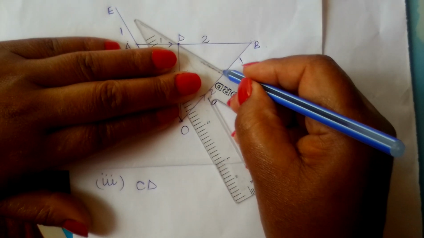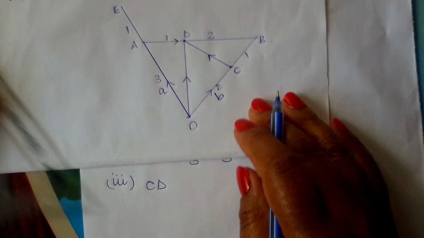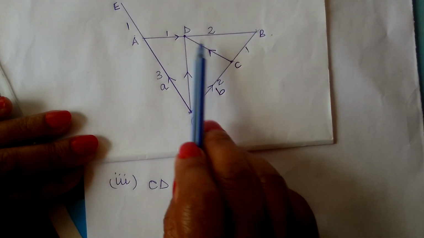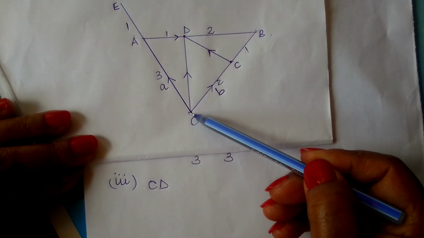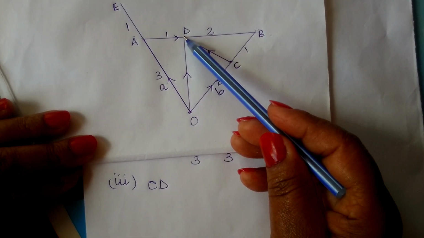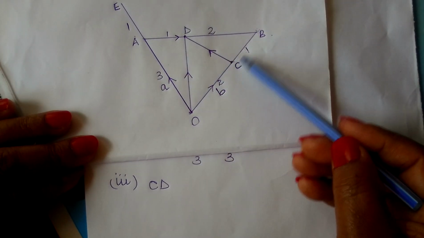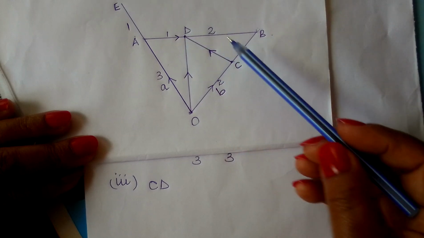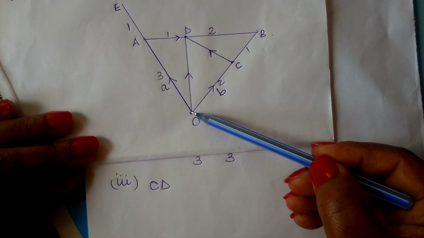There we are. Put the arrow CD. Vector CD, Lana. It's like you are moving from C to D. It's the same as CO plus OD. Or you can use any other route. You can use these 3. Or you can use CB plus BD. But for now, let us use CO plus OD.